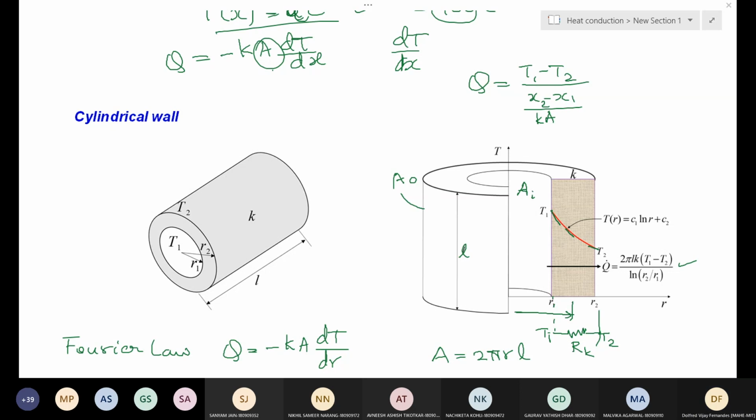Is it clear now? The temperature difference T1 and T2 is also the same. If the inner surface temperature for the cylindrical wall is 100 and outer is 50, then for the planar wall, the left side temperature is 100 and the right side temperature is 50. So the temperature difference is the same, thickness is the same, material is the same.